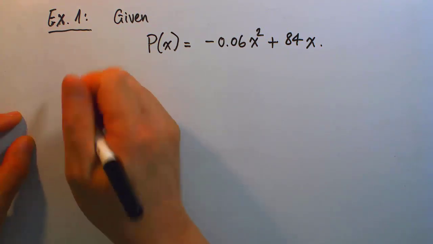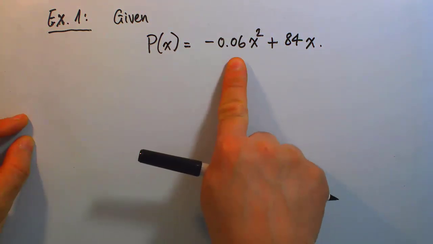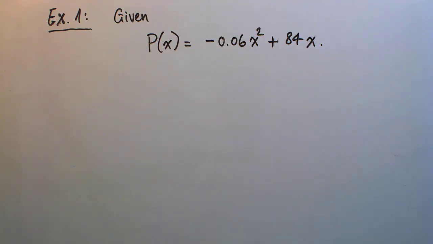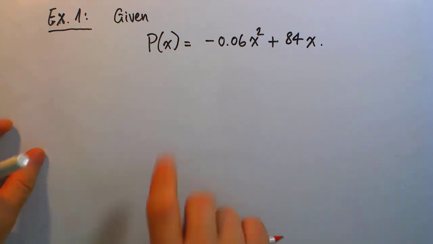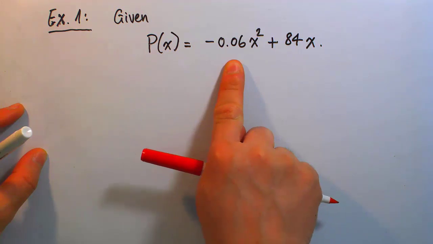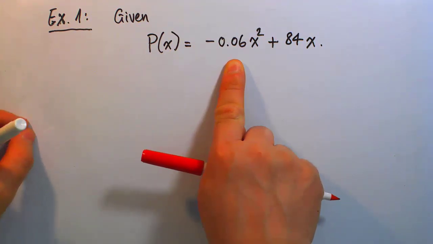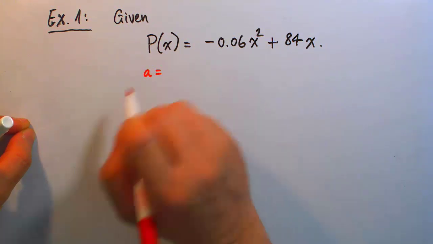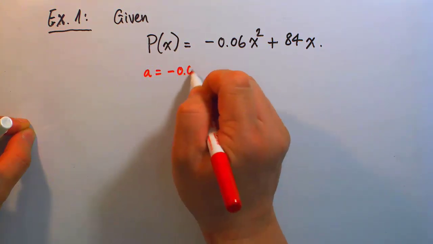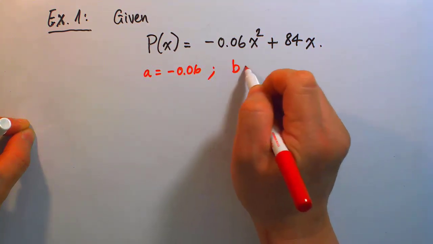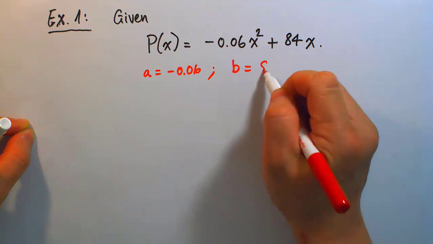Right here in this problem, before I write down the actual question, because we only have the function given, immediately recognize for yourself that this function is a quadratic, the quadratic coefficient is negative 0.06, and the linear coefficient is positive 84.